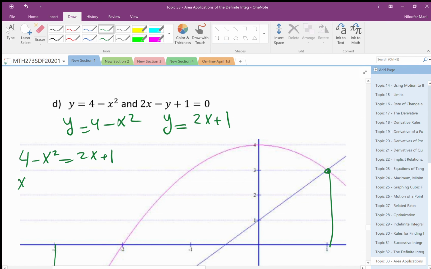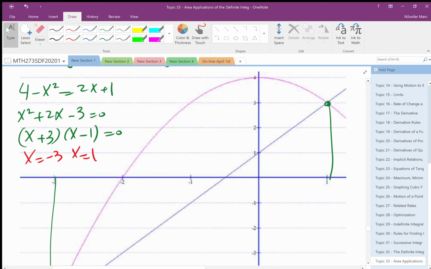So I have x squared plus 2x minus 3 equals 0. So I have x plus 3 multiplied by x minus 1 equals 0, and then I have x equal minus 3 and x equal 1. Yes, perfect. It's here and here.